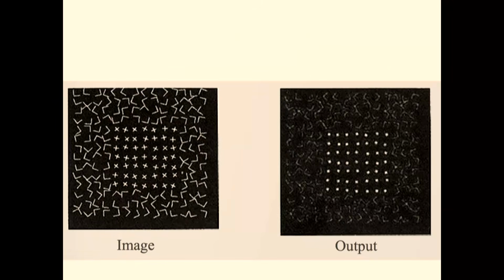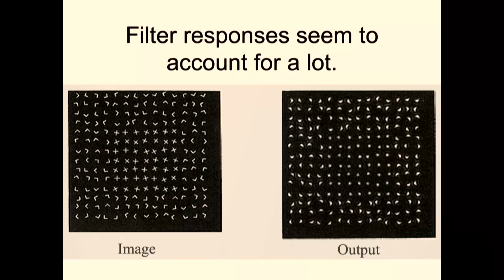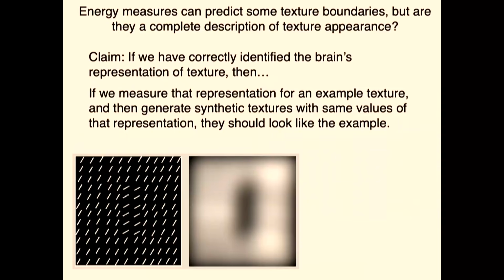Here's a case where the center region is really obvious and you see a really big difference. Here's a case where the little elements in the texture have been scaled, and at this particular relative scale, the difference doesn't really pop out at you, and it's also not really evident in this energy-based mechanism. Okay.